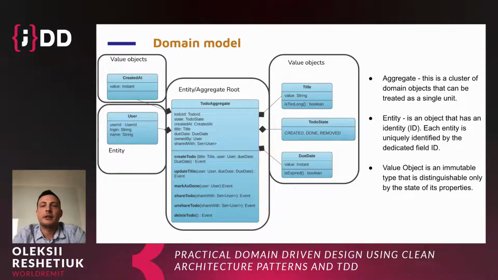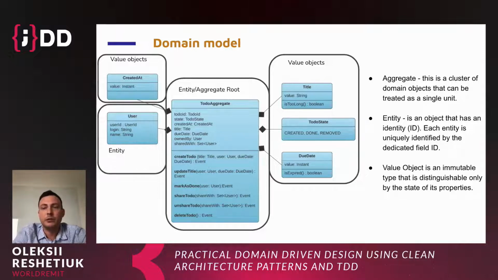Aggregate, this is a cluster of domain objects that can be treated as a single unit. Basically, it's called an aggregate because it is composed of other objects like, here, a user, title, due date, etc. Entity, and please do not confuse it with the entity from Hibernate. It's actually an object that has an identity, has an ID.